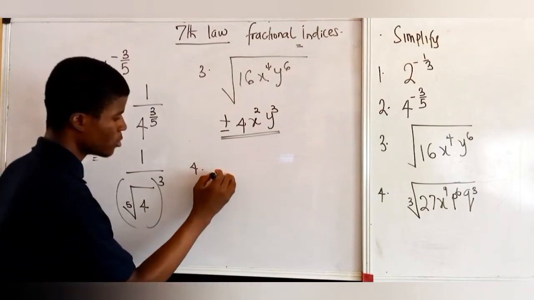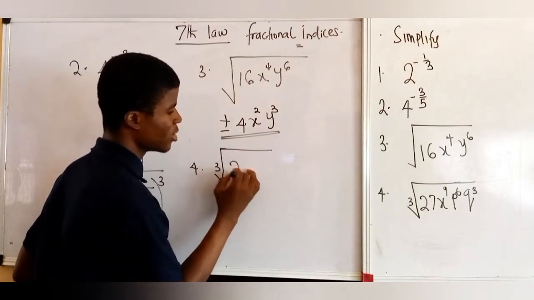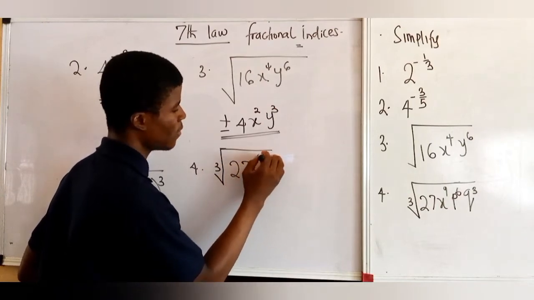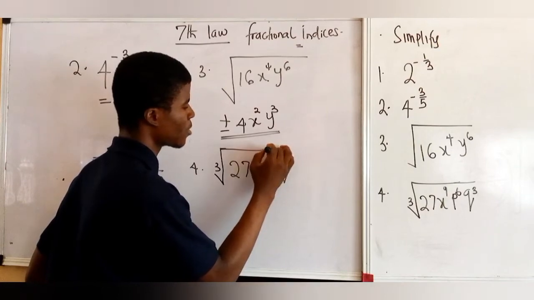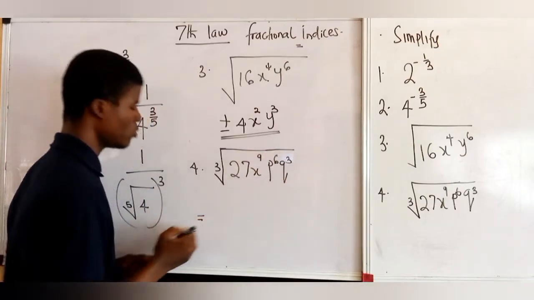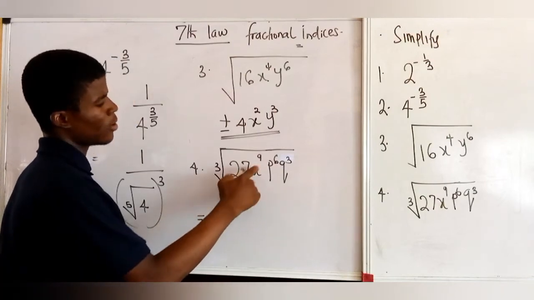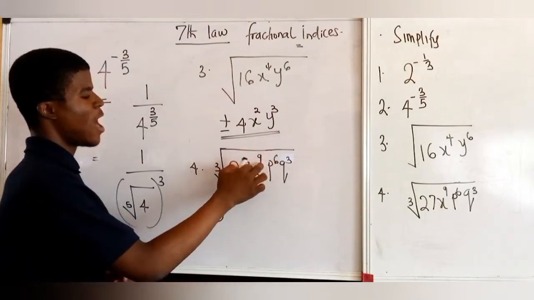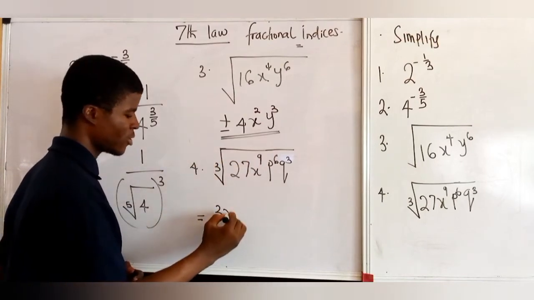Question 4. The cube root of 27x to the power of 9, p to the power of 6, q to the power of 3. A very simple way to solve this also. Cube root of 27 is 3. Now, x is carrying the power of 9, and 9 is divisible by 3. So 9 divided by 3, I have x to the power of 3.